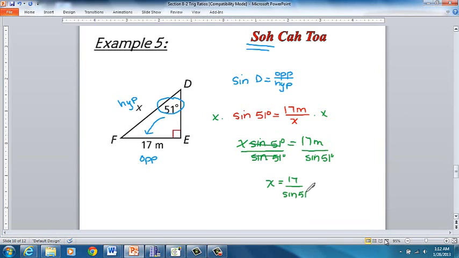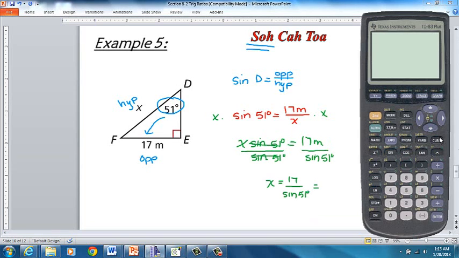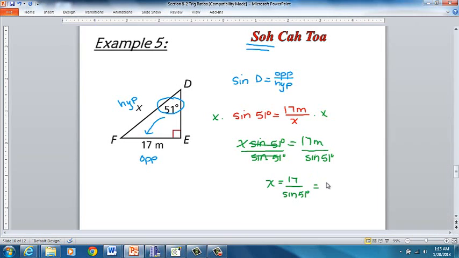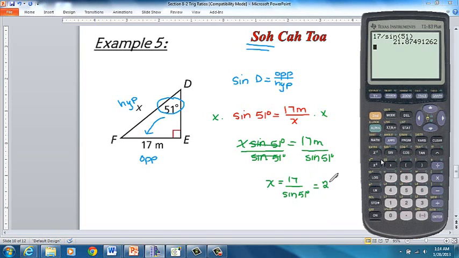Now, I wait till the end to use my calculator. So to put it in my calculator, I have 17 divided by the sine of 51 degrees. And I get that it is 21.87 meters.